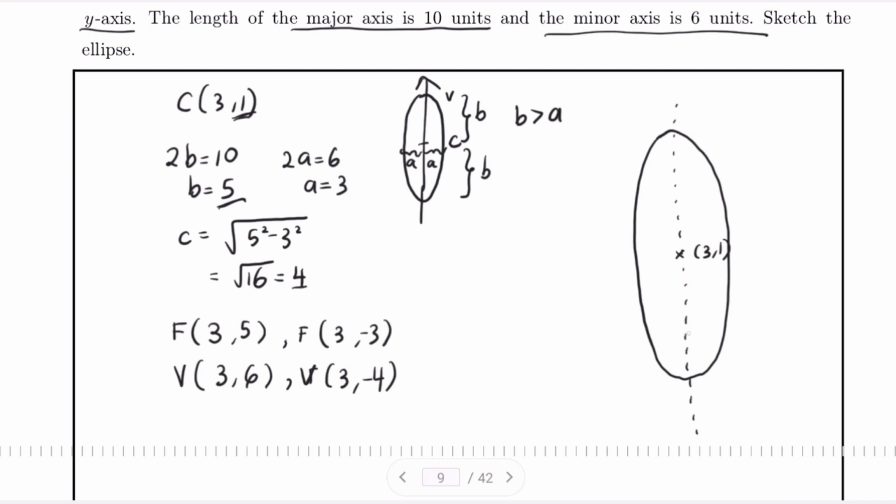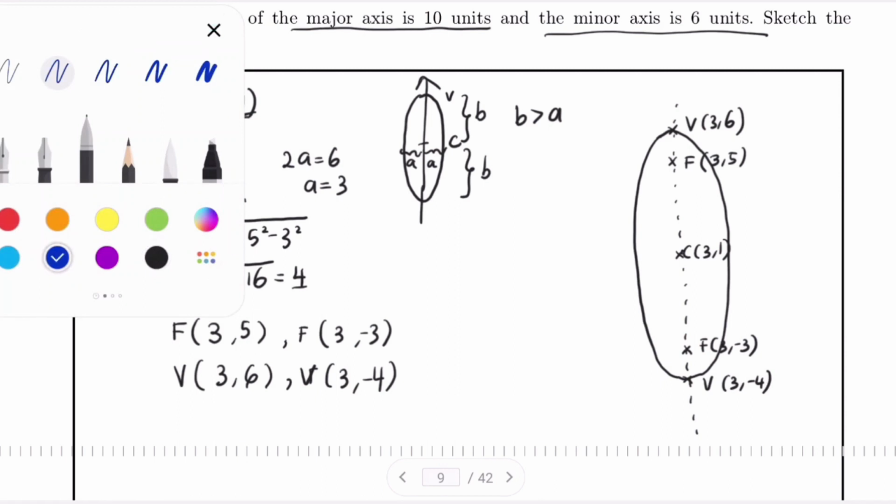Our foci are (3, negative 3), and the vertex over here is (3, negative 4). At the top, our foci is (3, 5) and the vertex is (3, 6). Do not forget your axis.